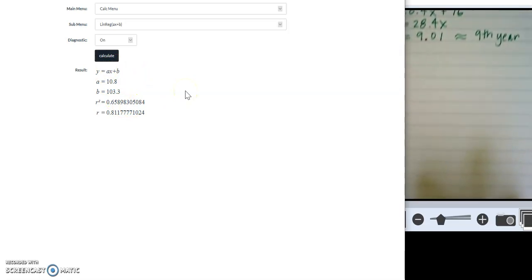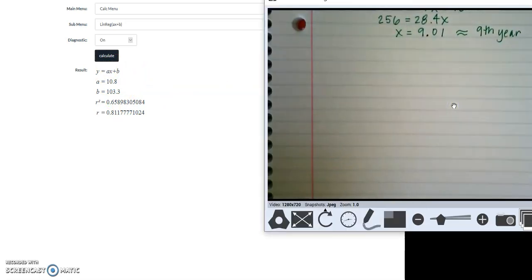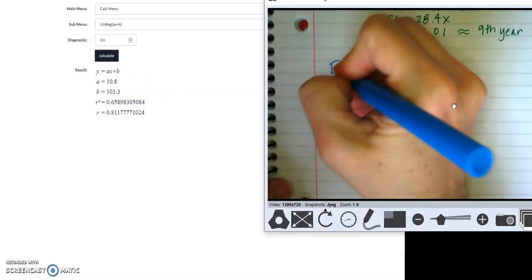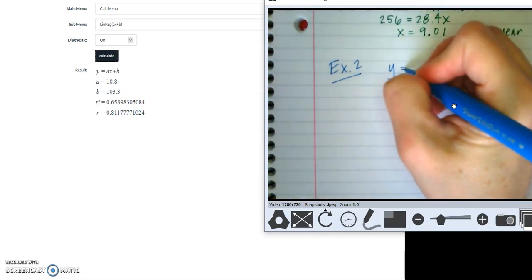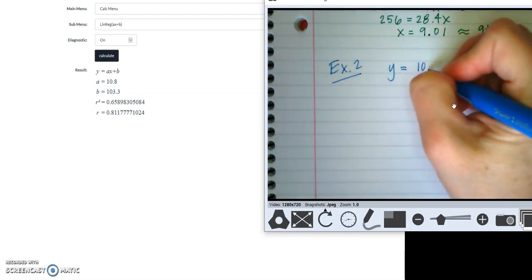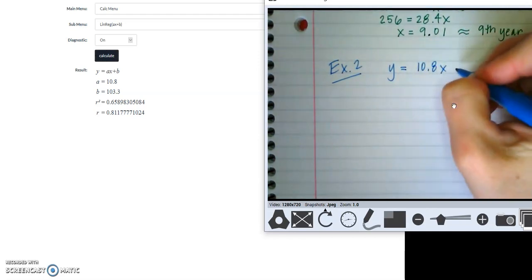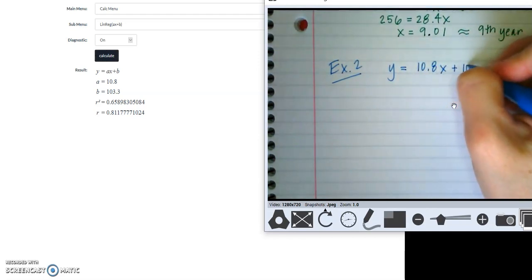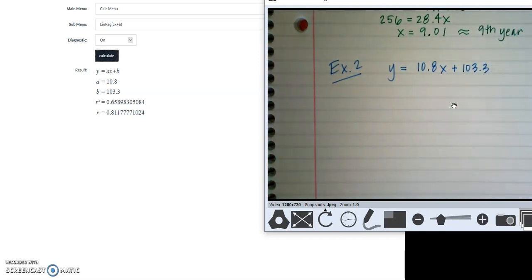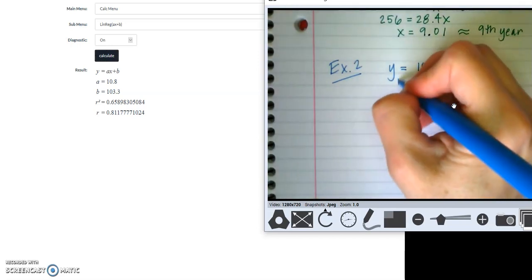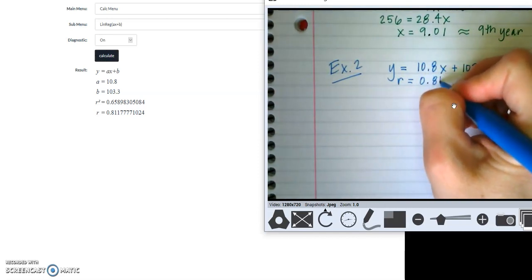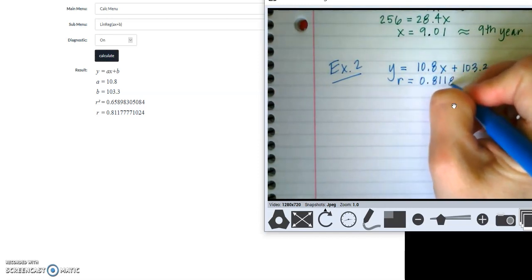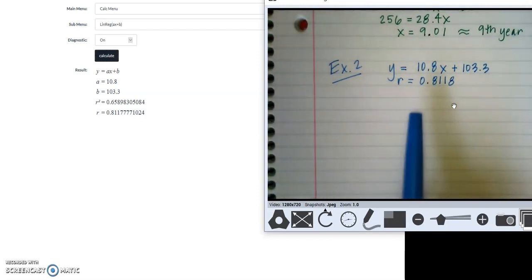I'm going to go over to my notebook paper, and for example 2, we have y equals 10.8x plus 103.3, and then the r value is 0.811, we'll say 0.81.